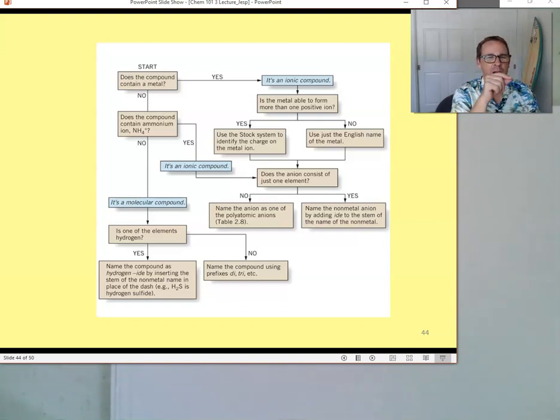If it's an ionic compound that contains a transition metal, then we have to add a Roman numeral to tell people the charge on the metal. If it's a molecular compound, then we name it using the prefixes mono, di, tri, tetra, all those different prefixes.